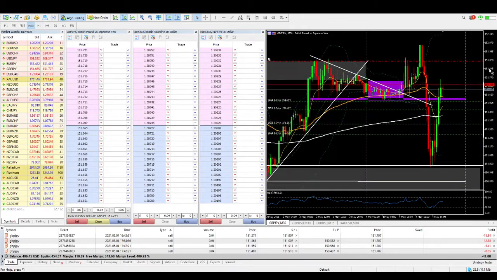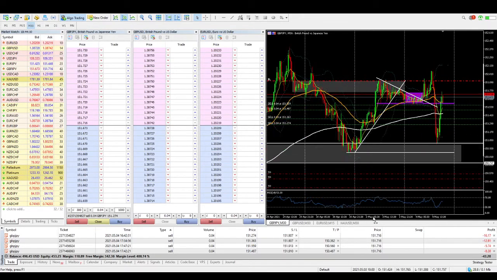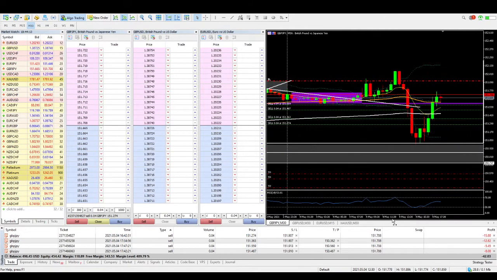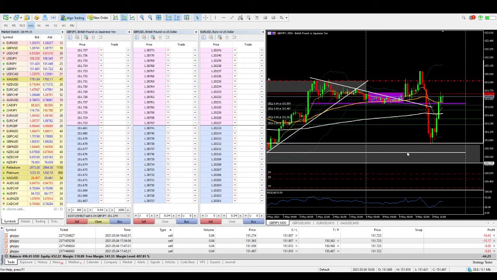So I'm just watching the 30-minute. Now my mistake was, I thought if the technicals were saying buy, when it went down here, I should have put buys over here.